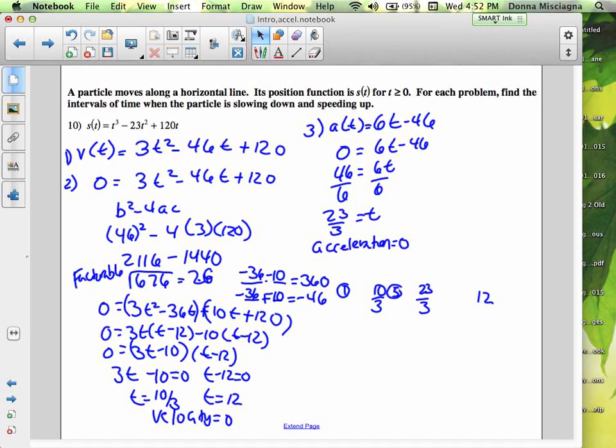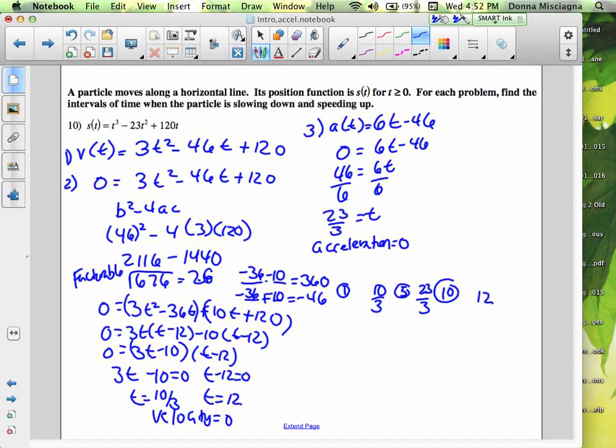And we'll plug in, actually, 10. I like 10. Could use 8, but I'm going to do 10. All right, so let's find out what velocity and acceleration are at those intervals there.